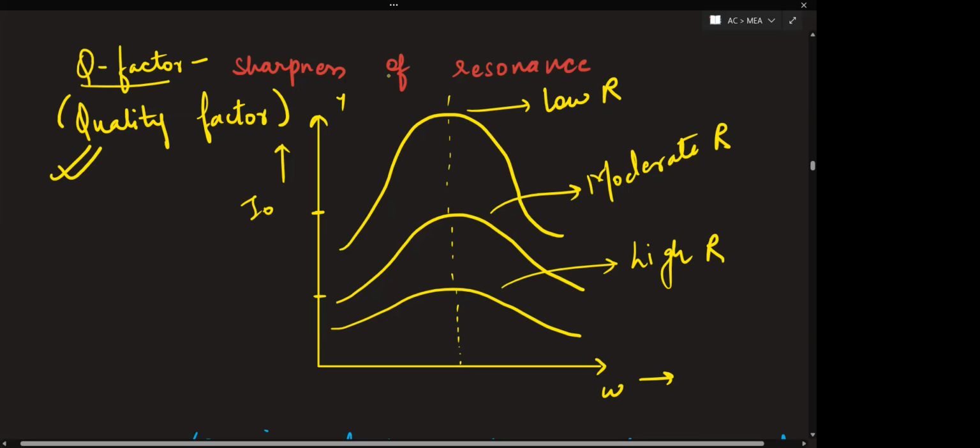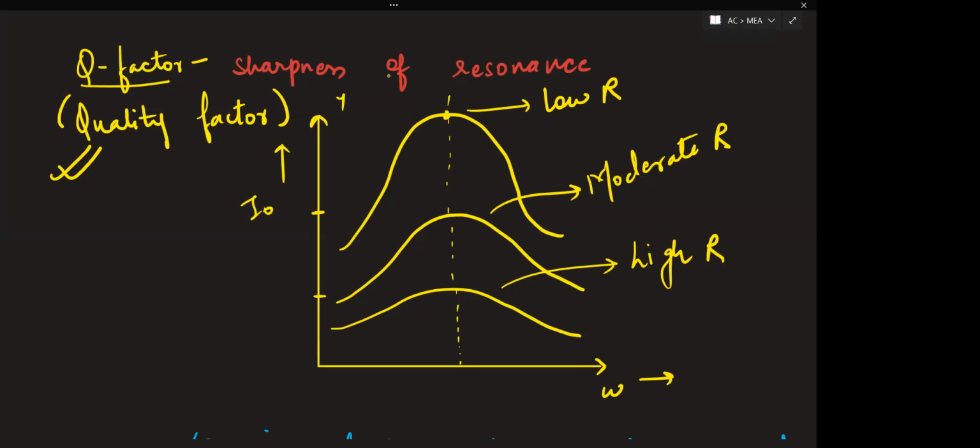See, if you see the variation of current amplitude here, current amplitude is I naught in the series LCR circuit. For this angular frequency, 3 different values of R are obtained. So current amplitude has a peak at the natural frequency. If this is the maximum value of current, it means this is at the resonance, right?